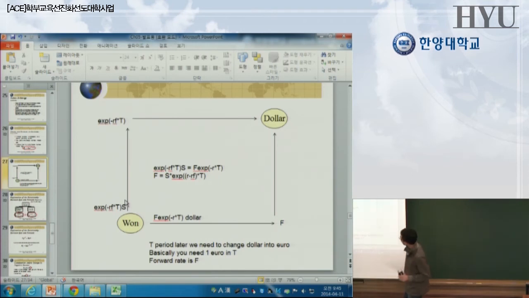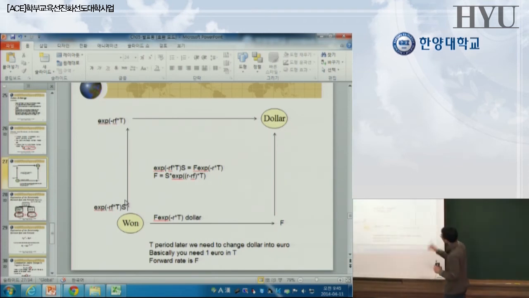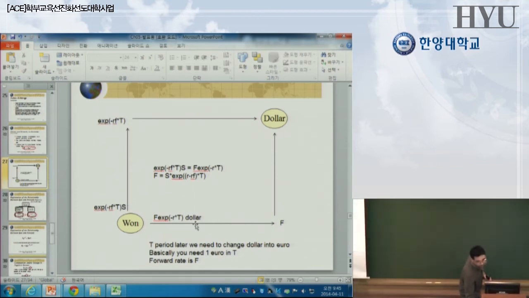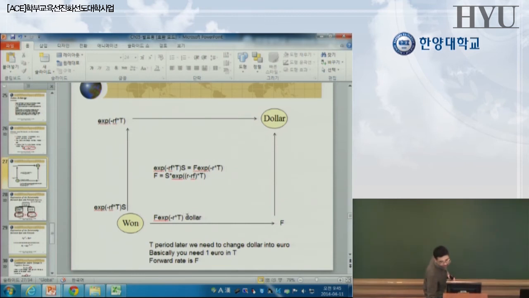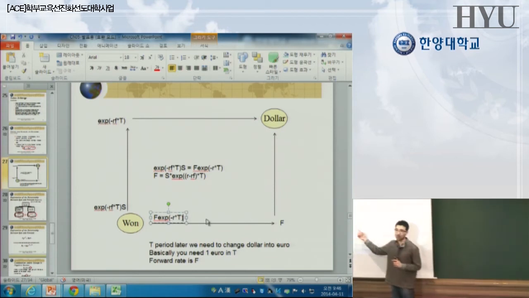Right? So again, these two routes should be the same. This route means that in order to have $1, I need this F amount of Korean won, or 1,000 something, and in order to have this number of Korean won, I need to have this amount of money in the Korean bank.